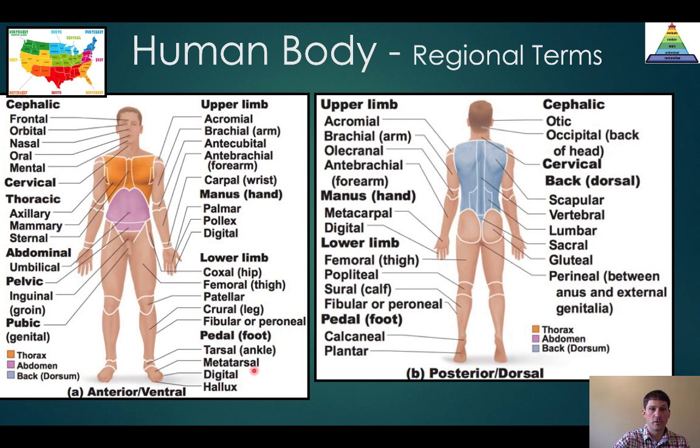You're going to learn about digital, metatarsal, tarsal, fibular, crural for leg. Your patellar is your knee. Your femoral region is your thigh. So you should spend some time practicing these regional terms and making sure you can answer these on a test. I'll probably ask you 1 or 2 questions on a test. I'll give you a diagram and have you label it or answer what that region is that I'm pointing to.